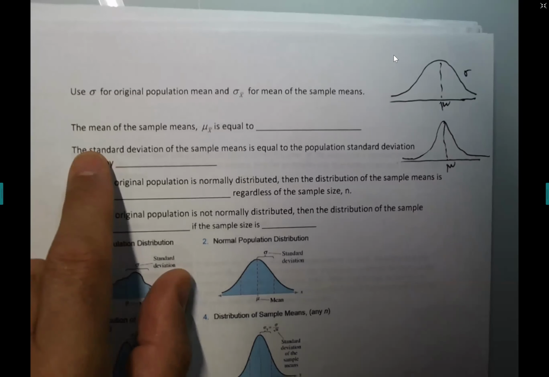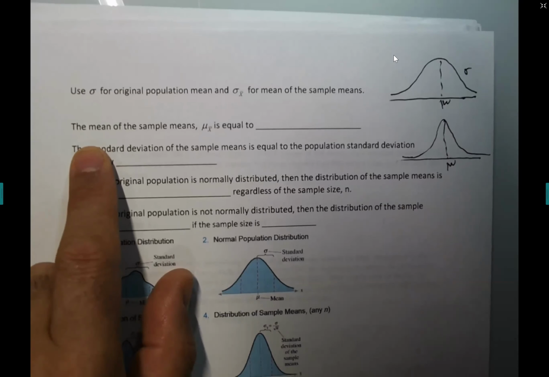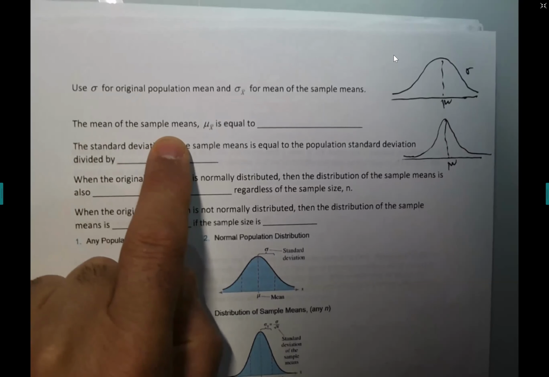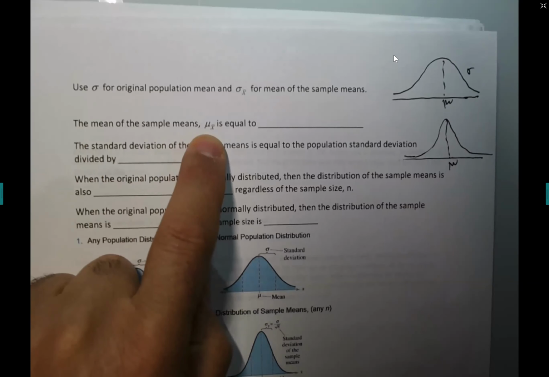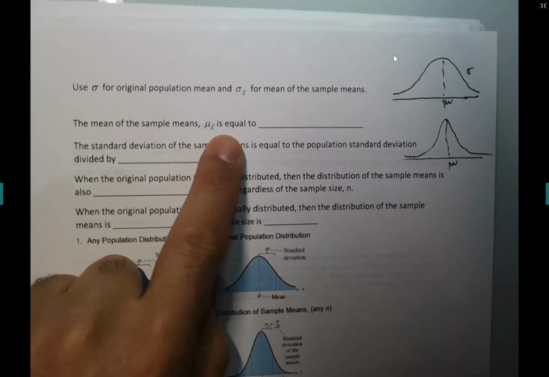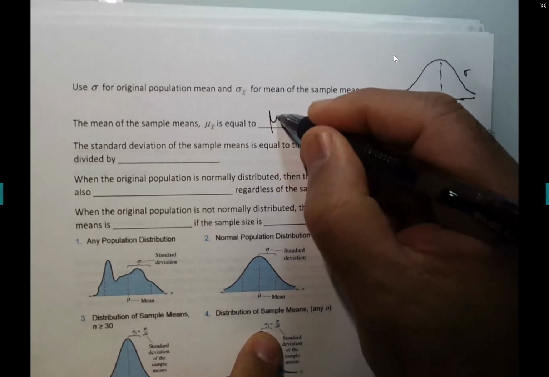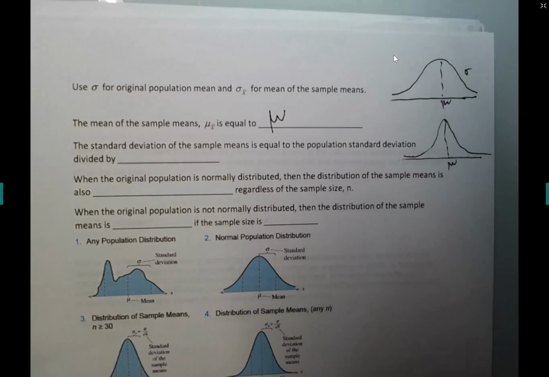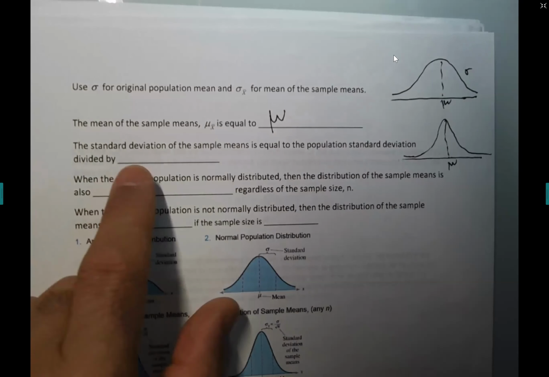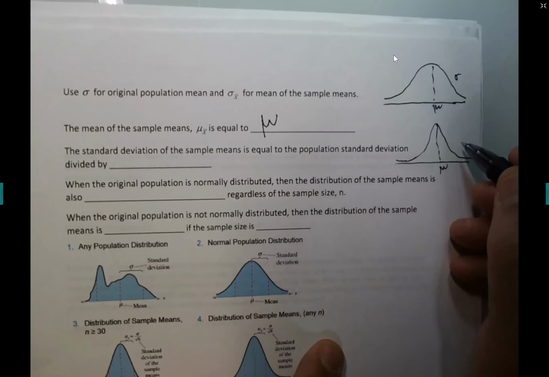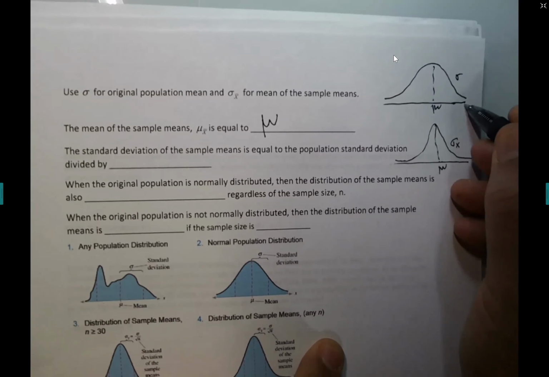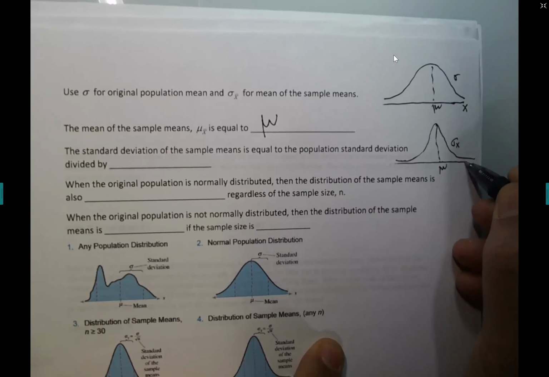So what is the conclusion that we can make here? The mean of the sample means, which we call mu of x bar, where x bar stands for sample means, is equal to the original mean. You observe that the means were the same. The standard deviation, right here for x bar. So this is the original population x, guys, and this is x bar, mu of x bar.